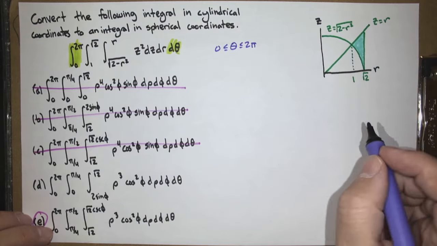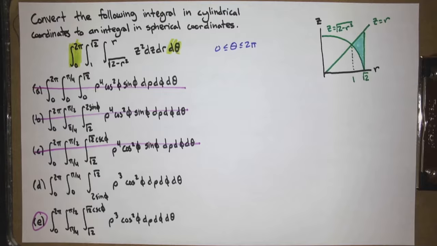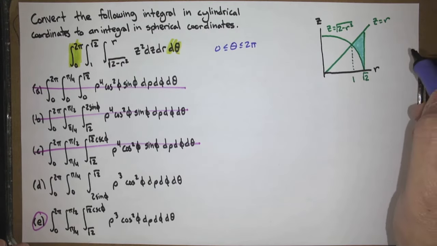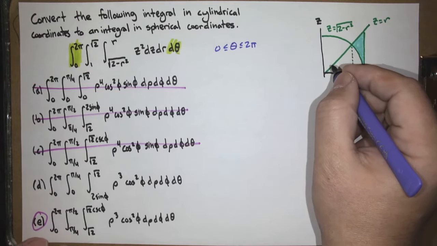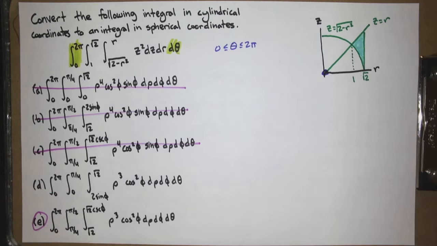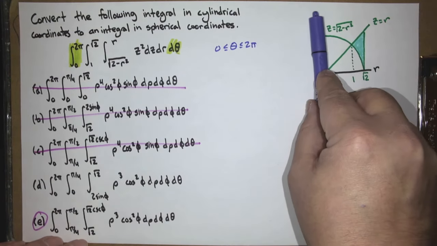Now let's talk about our phi. We can still use the same picture to figure out what's going on in terms of spherical coordinates, because we have that rotational symmetry. So we look at a slice. In spherical coordinates, everything stems from the origin, your center point. So we say phi equals 0 is up here.